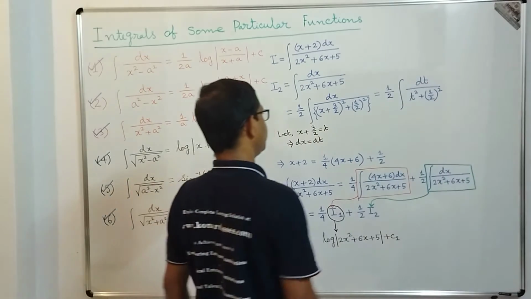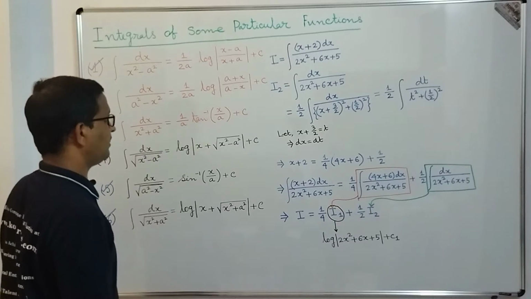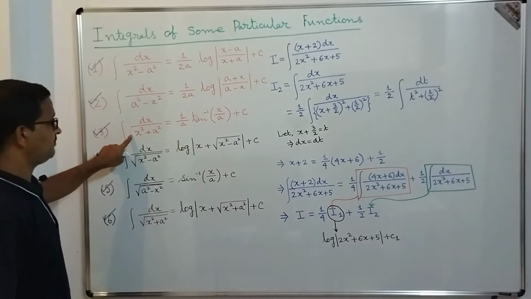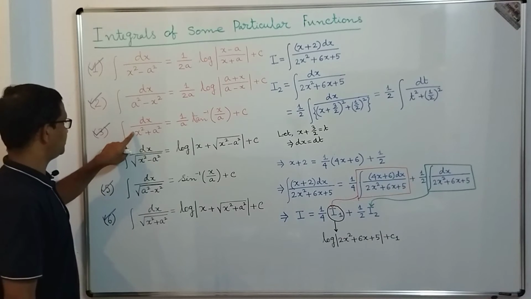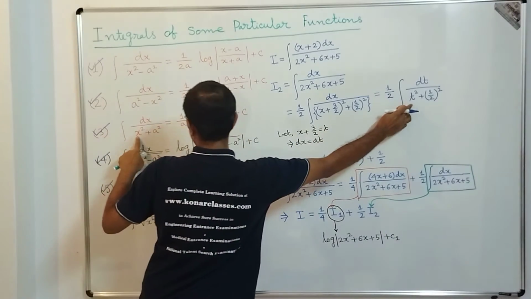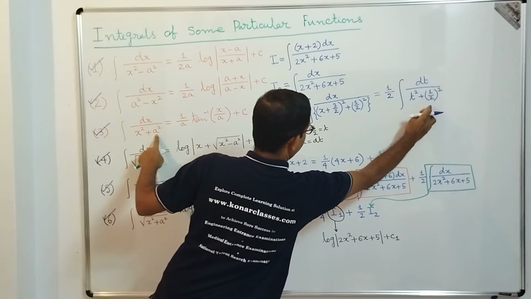Now performing integration of this one is pretty simple. How? Because it is coming under the form of the third formula, that integration dx by x square plus a square, where x is equal to t and a is equal to 1 by 2.